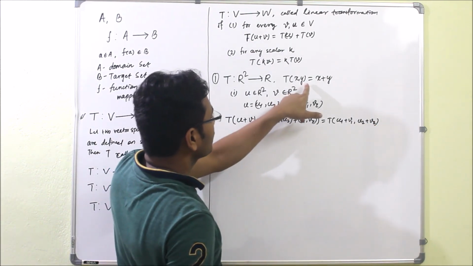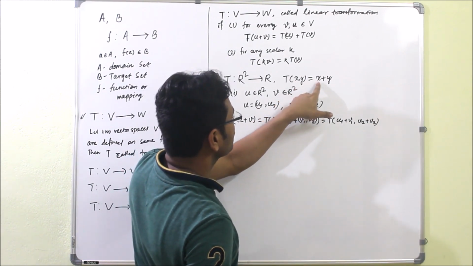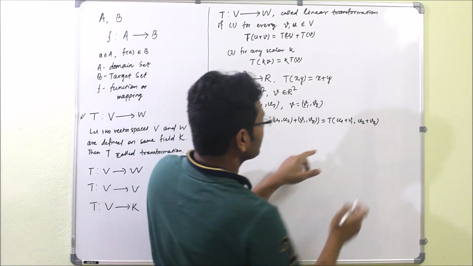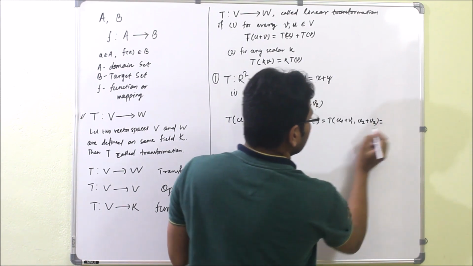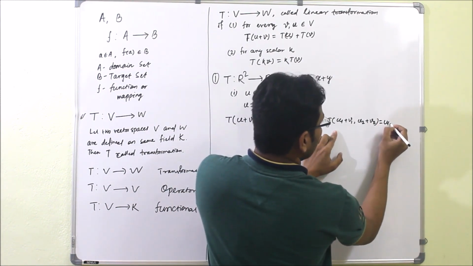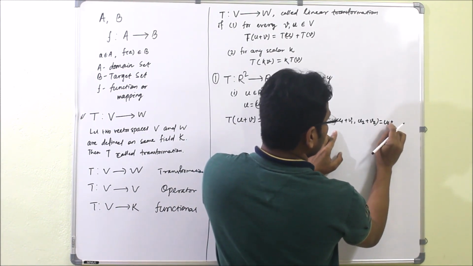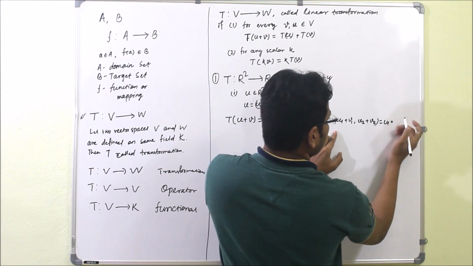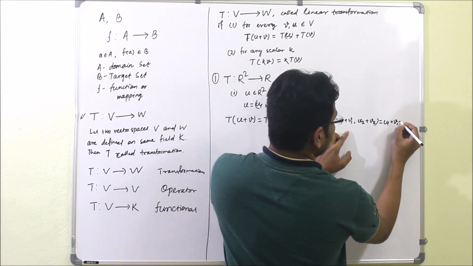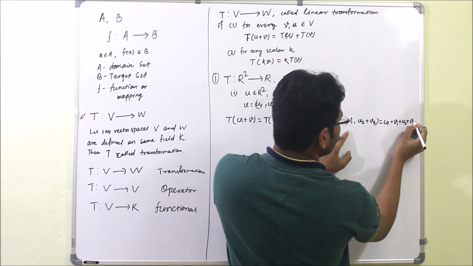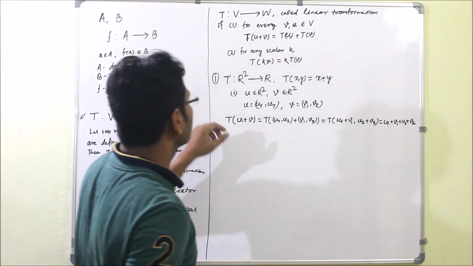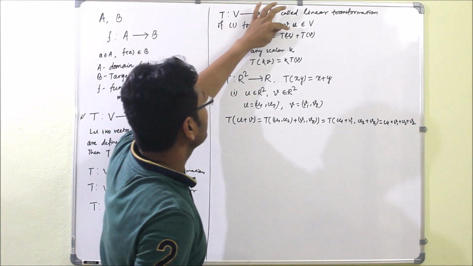Now the transformation says T of (x, y) goes to x plus y. So the value here is u1 plus v1 plus u2 plus v2. This is the LHS. Now we do the RHS.